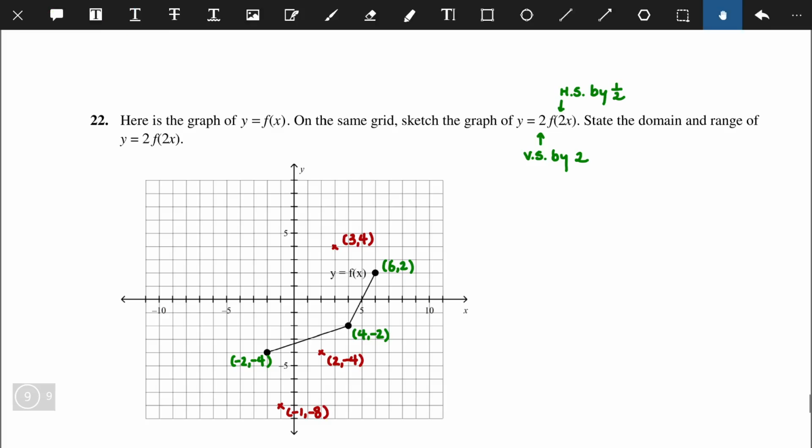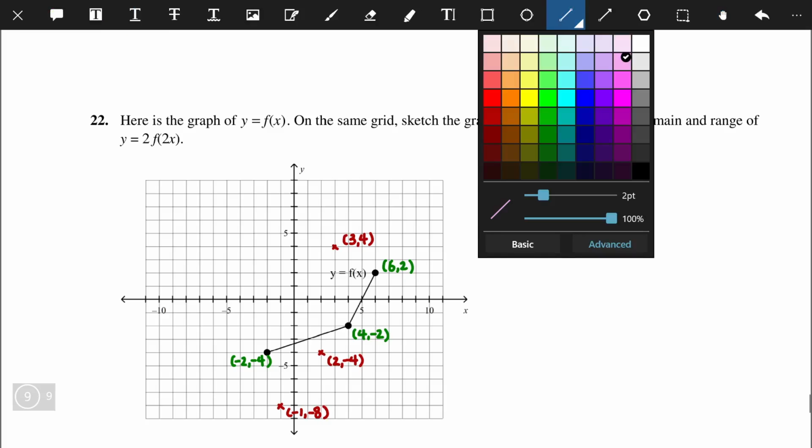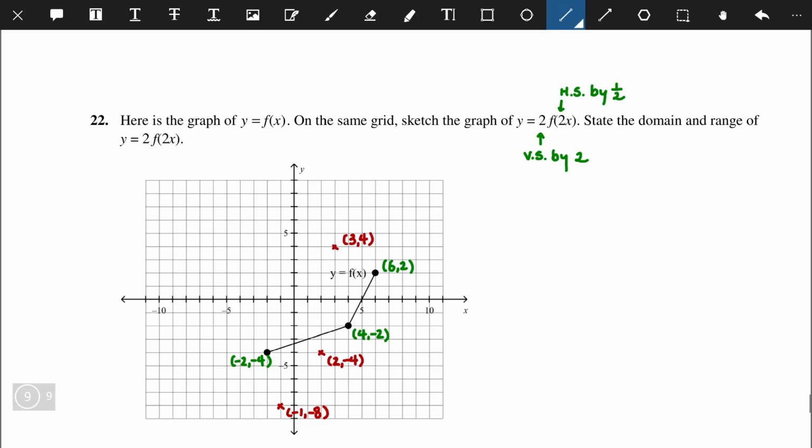Okay. And once we have those 3 points, we can connect them together, in a very similar way to the original function. The range will be twice as much, and the domain will be half as much as what it was before.